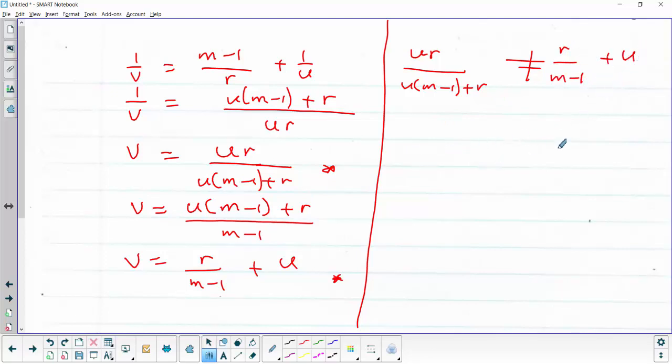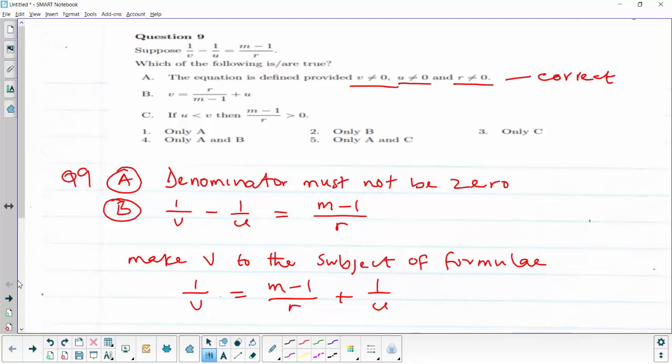So they are not equal. So automatically the B statement is incorrect. This is an incorrect statement.